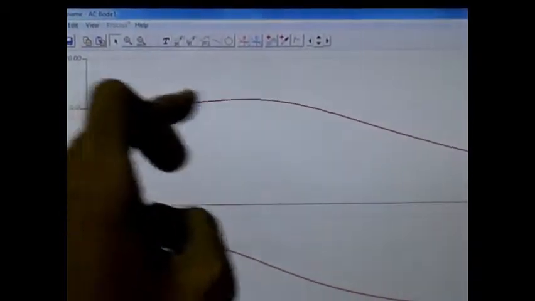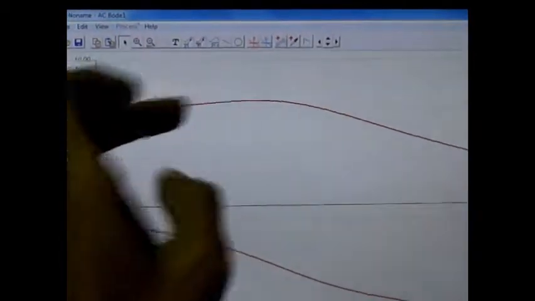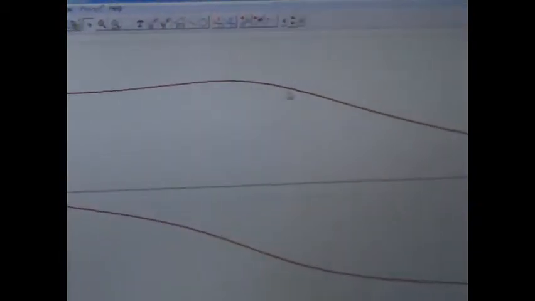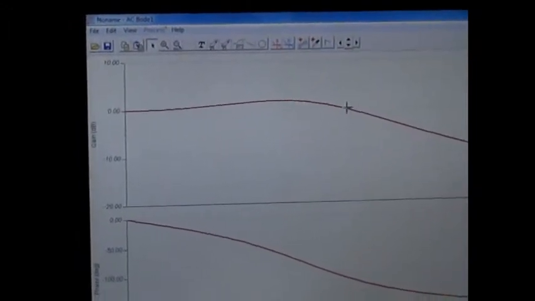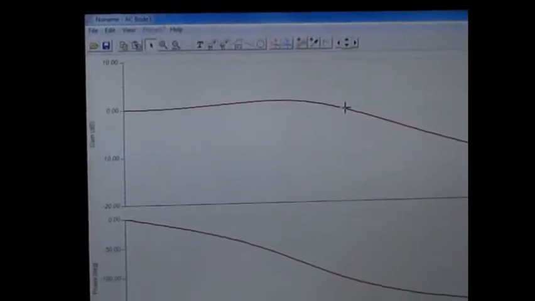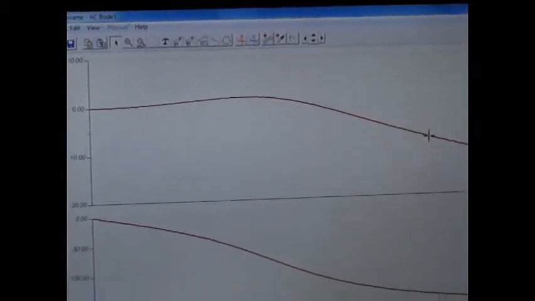This is probably because of the zero and pole pair introduced here. And the gain drops after that. So this point where the gain meets the 0 dB axis is going to be the unity gain bandwidth, and the gain drops after that.